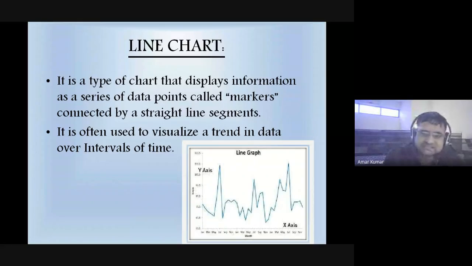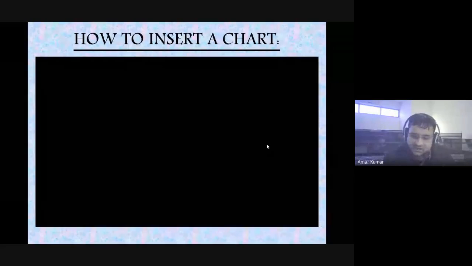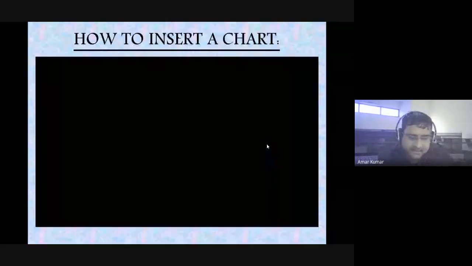In an ICU, intensive care unit, in hospitals, to show the pulse rate and heartbeats, line graphs are basically used. So these are all about the graphs.